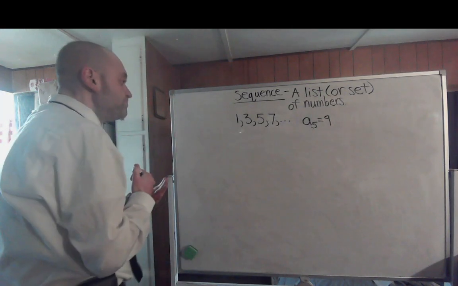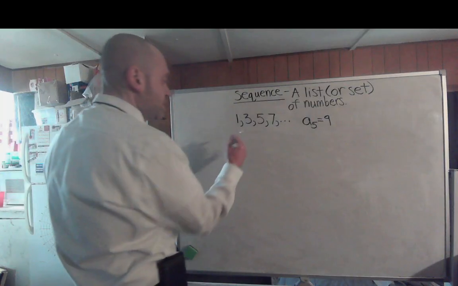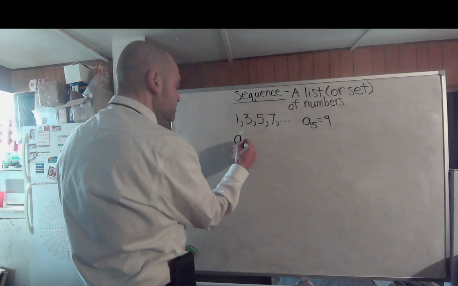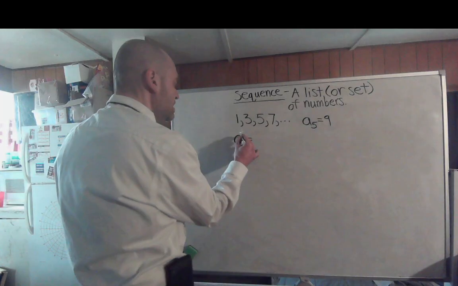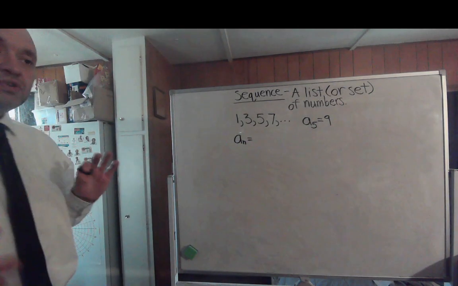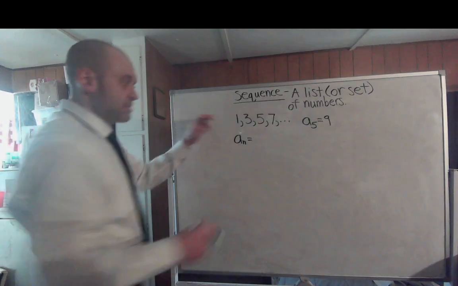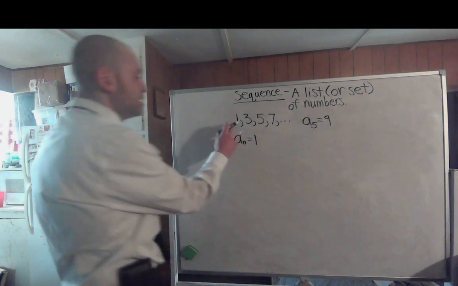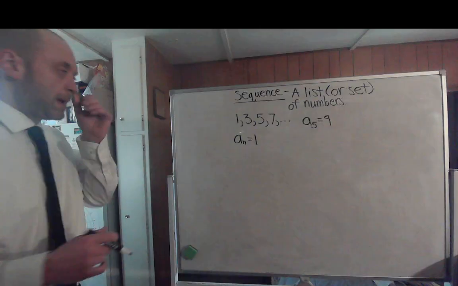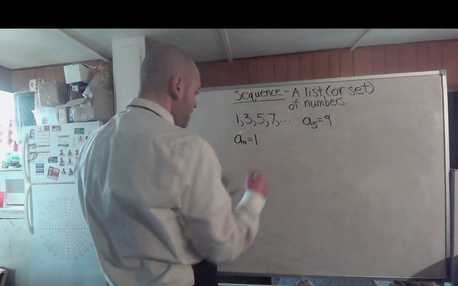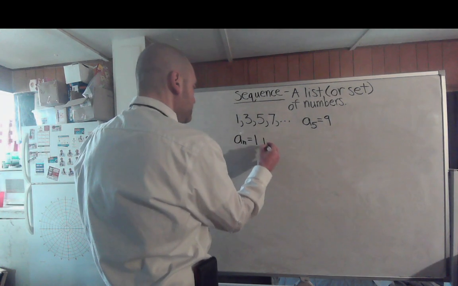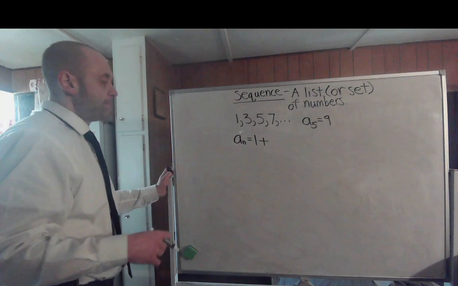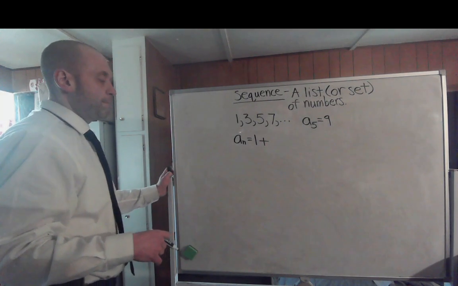Alright, now, the next thing we want to do is write a general formula for the terms of the sequence. Usually to do that, you take your very first number that you got, which is 1. So we got 1. Now, you're going to do plus, it's 2 more, right?